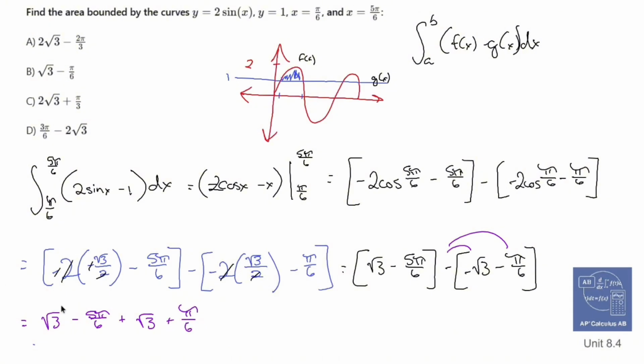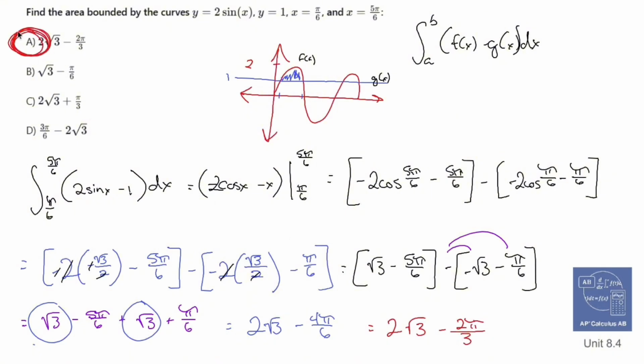Combine like terms: a root 3 plus a root 3 is 2 root 3's. Negative 5 pi over 6 plus pi over 6 is negative 4 pi over 6, and that simplifies to 2 root 3 minus 2 pi over 3, which is answer A. Isn't that neat?